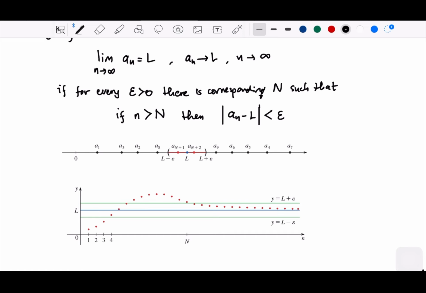The epsilon is on here. And let's say the capital N is on this value here.